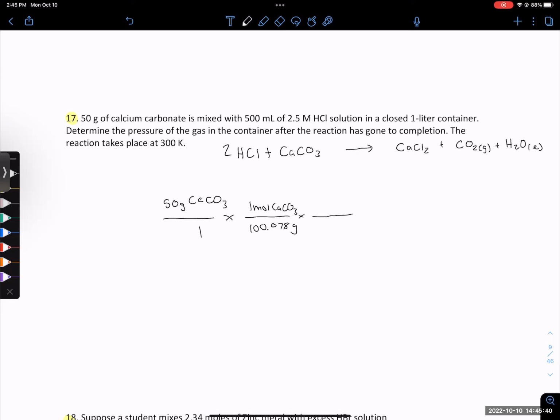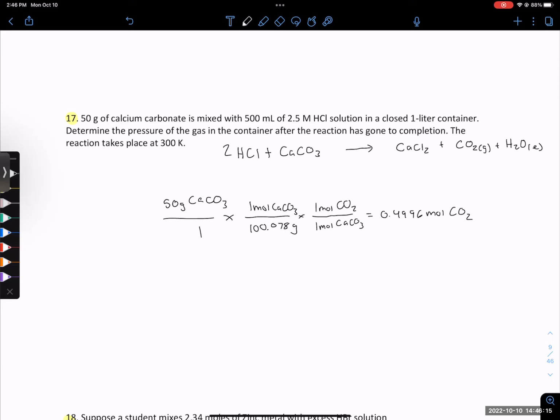Then we're going to go from moles of calcium carbonate to moles of carbon dioxide, and we see there's a 1-to-1 ratio. For every 1 mole of CaCO3, you get 1 mole of CO2. That equals 0.496 moles of CO2.